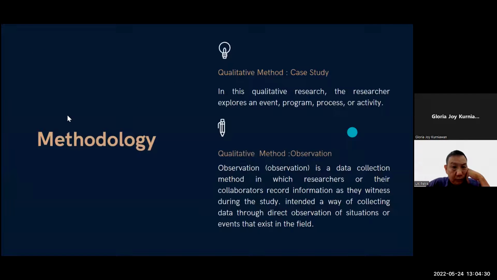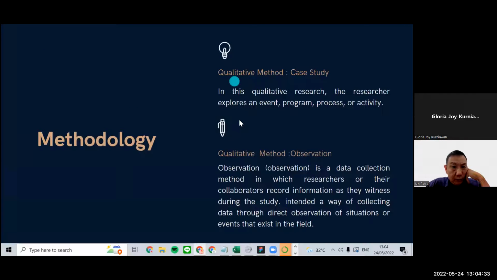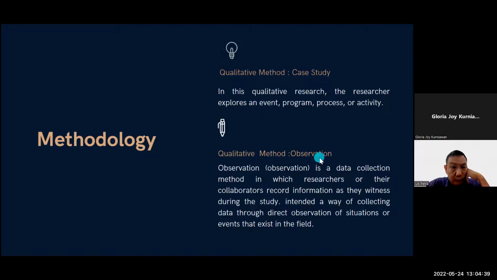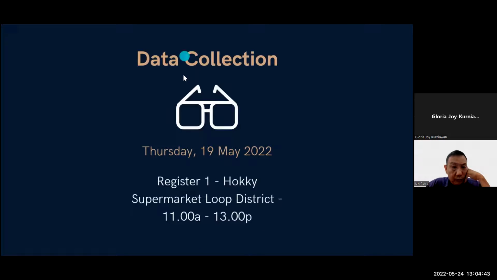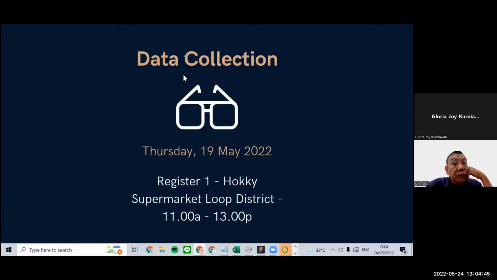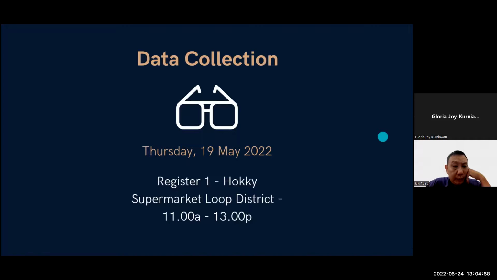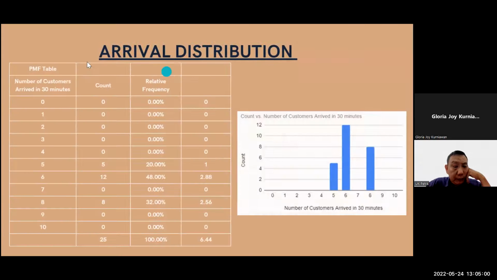The methodology is qualitative. I'm doing a qualitative approach where we do a case study and an observation in real time. All the data was obtained on 19 May 2022, on a Thursday, at random, starting from 11 a.m. until 1 p.m., so for 2 hours.